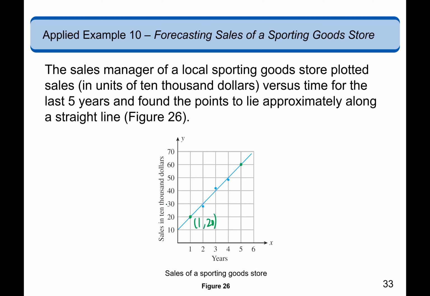Sales is in $10,000, meaning this is $20,000 in sales. For the last point, it should be year 5, and the sales become 60,000. That's basically how we nail down those 2 points.